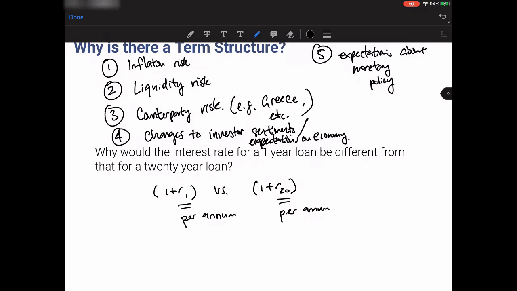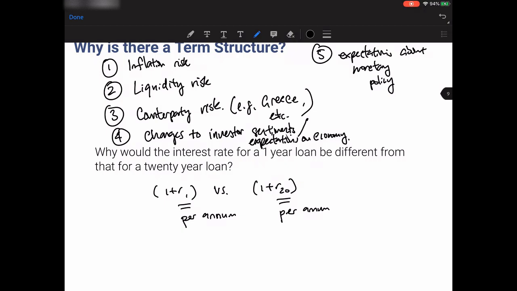Number 3, counterparty risk. If you think that in the long term, the risk of default is higher for the bond issuing institution, then you most likely will observe differences in R1 and R20. And number 4, you have changes in investor expectations about the economy.